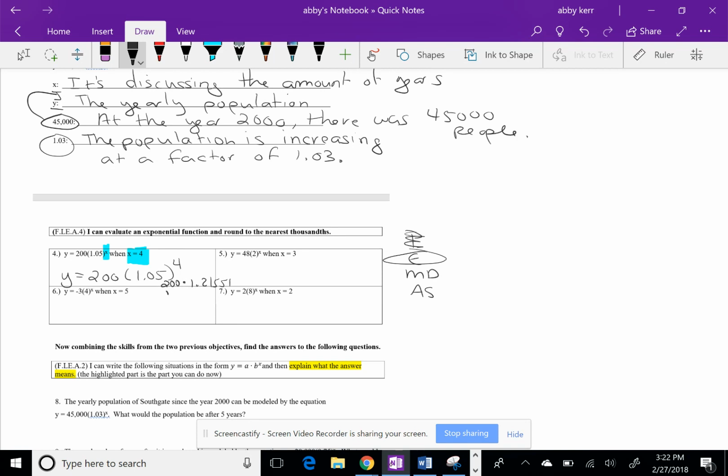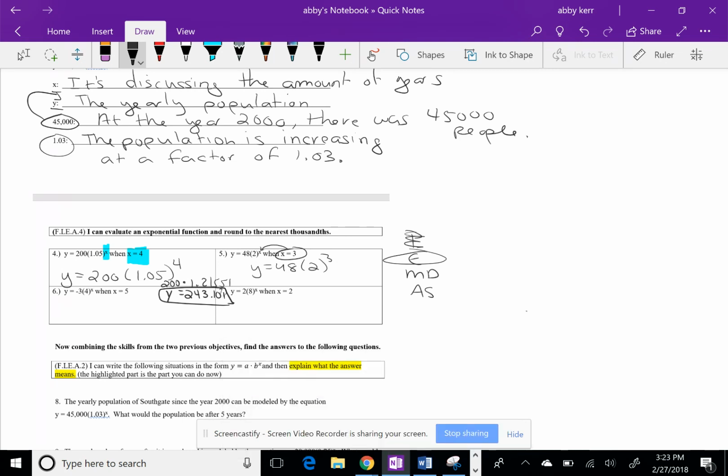And then you will get y equals 243.101. That's the answer. Now you don't have to show the steps. What we're asking you to do is just plug in the 3 into the x value and just simplify from there.